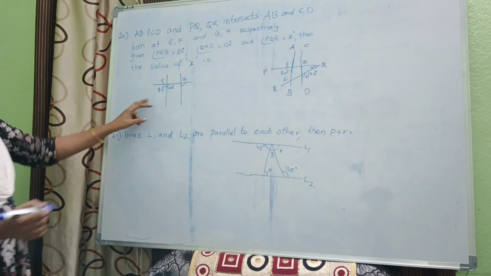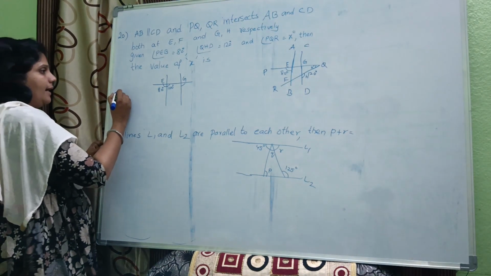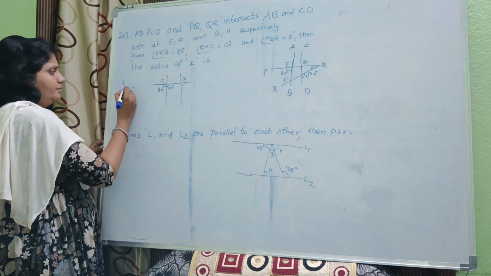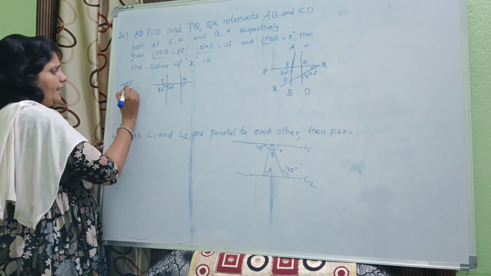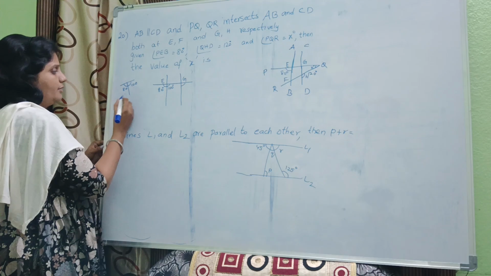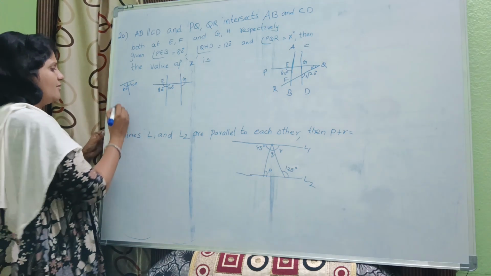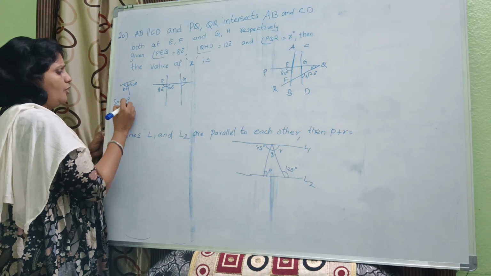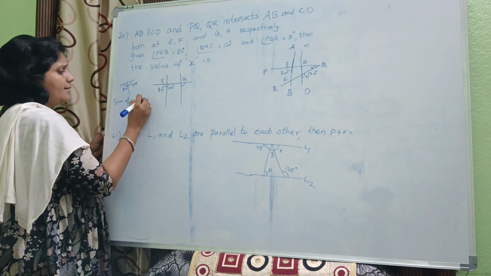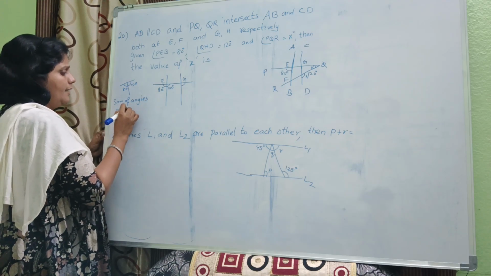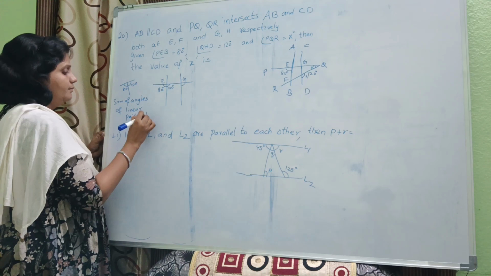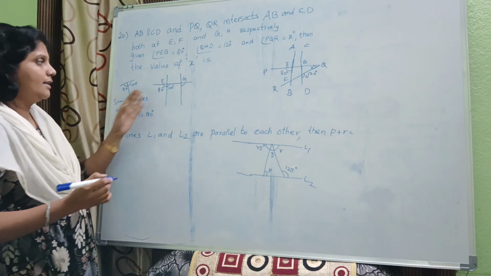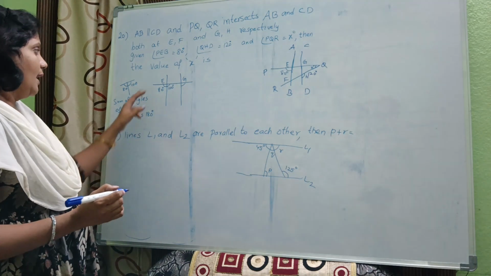Because it is forming a linear pair like this. 80 plus 100, because the sum of the angles of a linear pair is 180 degrees. So this one we got is 100.